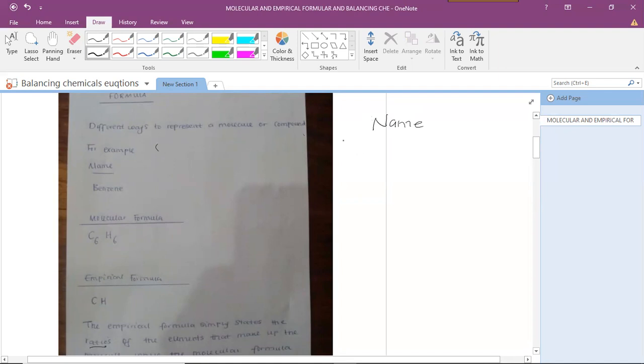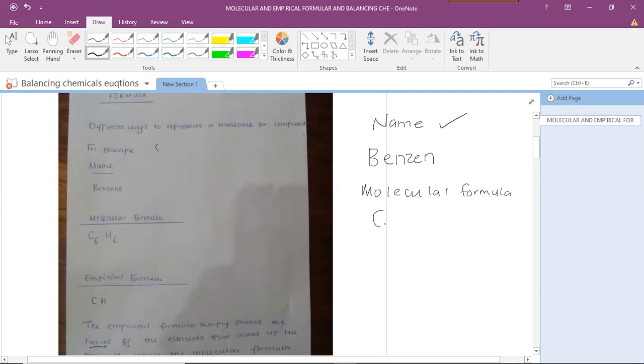So for example, here we have an organic compound. We're going to do organic compounds very soon. It's called benzene. So benzene can be represented by just its name there, all right? But we can also represent benzene in terms of the molecular formula, which is the actual number of atoms that this chemical compound has.